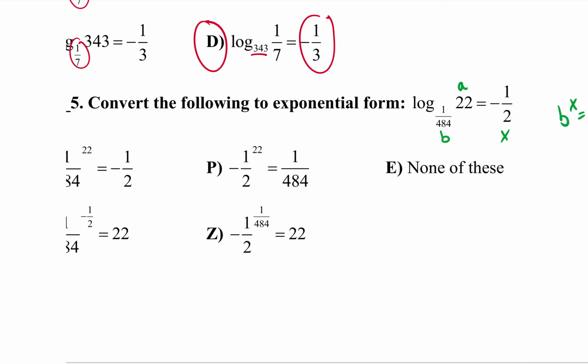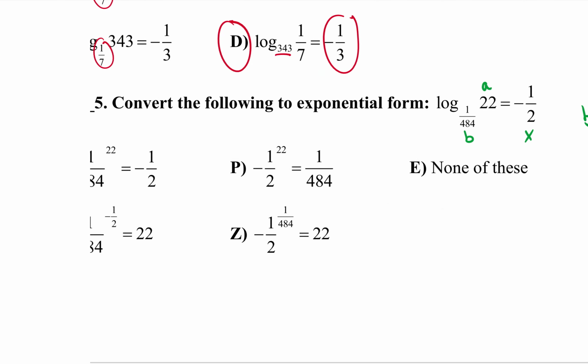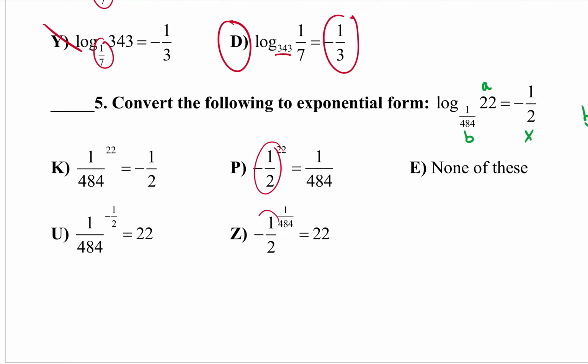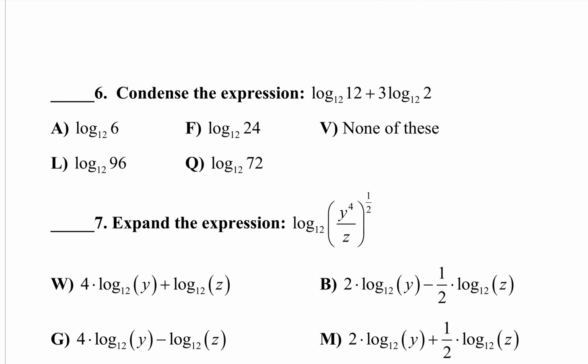So if I go through here, my base is 1 over 484. Okay, that means this is wrong, these are okay, and I should equal 22, right? Because they switch places. I equal 22, so my answer is U. And we already did a whole page, and it's only been 3 minutes. And that's with me explaining stuff too.